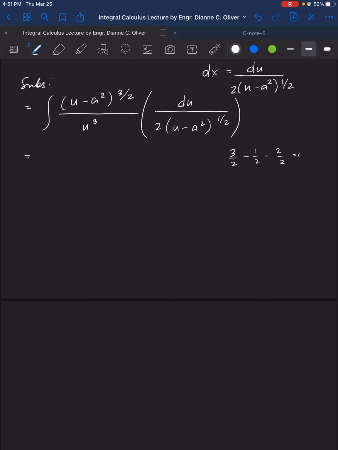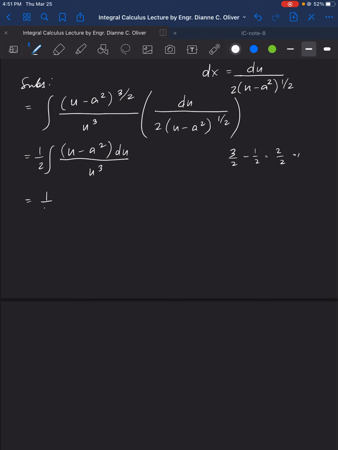So this is now 1/2 integral of u minus a squared du over u raised to 3.